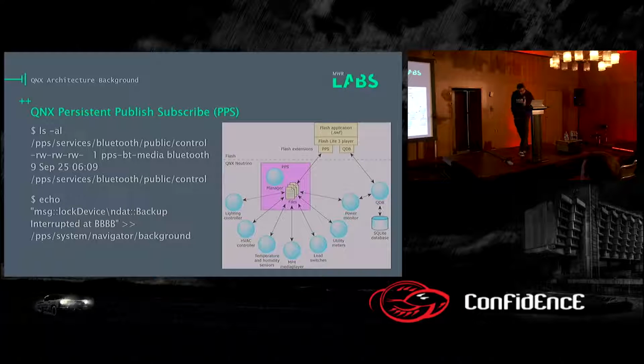Another interesting thing, and I think the last thing to mention, is QNX persistent publish subscribe, which is object sort of database backed on the file system. It's a pseudo file system that you can find under /pps, PPS standing for publish and subscribe.